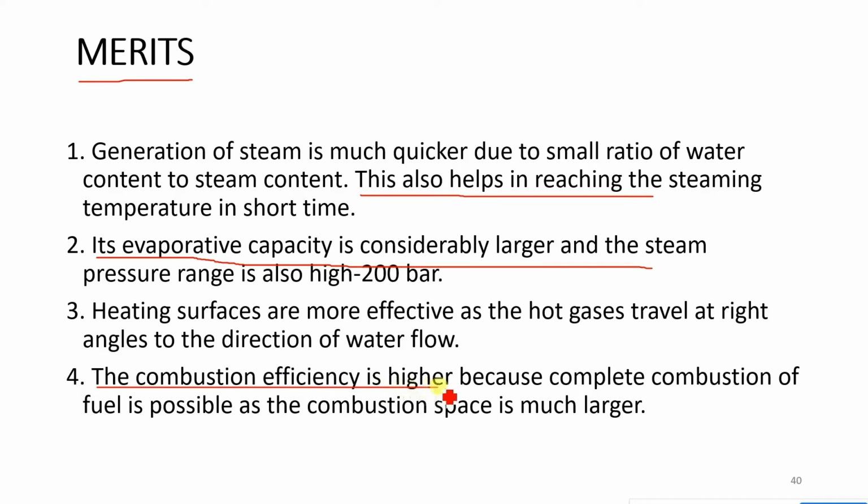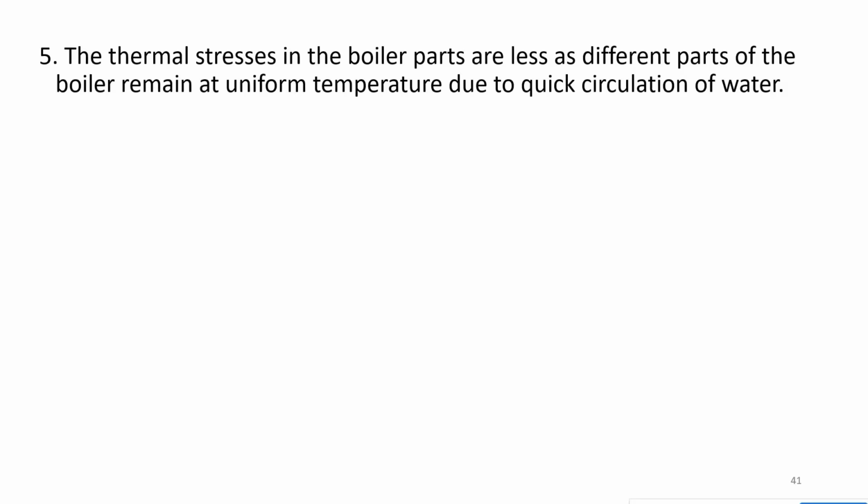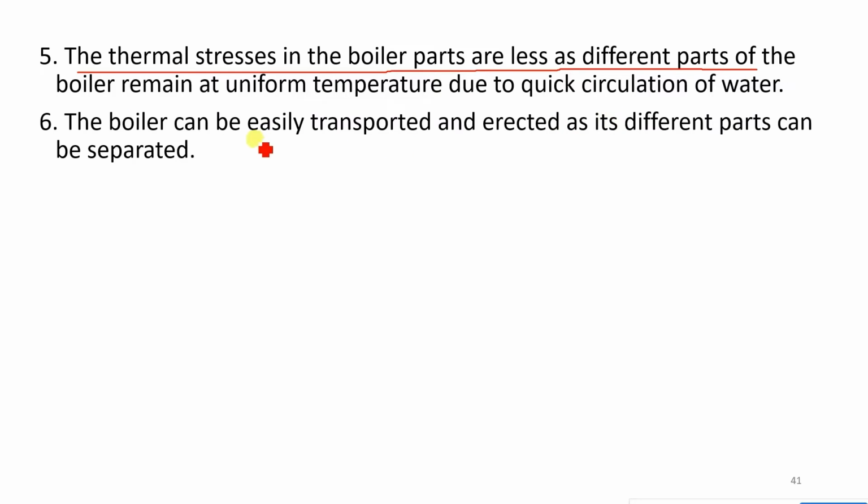The combustion efficiency is higher because complete combustion of the fuel is possible as the combustion space is much larger. The thermal stresses in the boiler parts are less as the different parts of the boiler remain at a uniform temperature due to quick circulation of water.